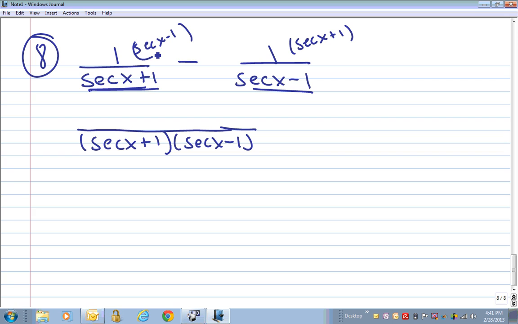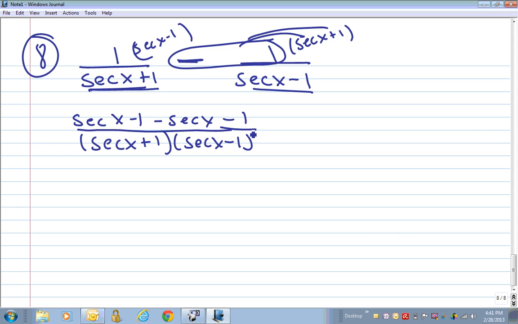All right, if I do 1 times that, I'm going to get secant x minus 1. And then be really careful about the subtraction sign. You could write the subtraction and then do a parentheses, so you will distribute your negative, or you can take this as a -1 when you distribute, and that's what I'm going to do. But either way will be fine with me. So -1 times secant would be negative secant x, and -1 times positive 1 would be a -1.